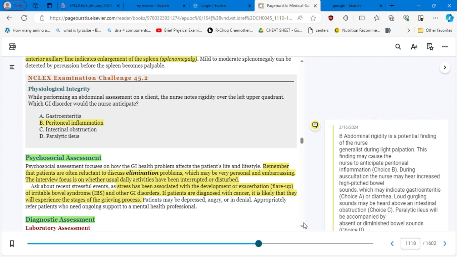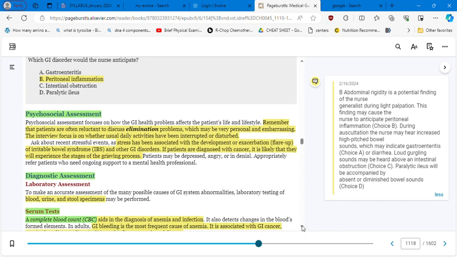So, psychosocial assessment. We have to remember that patients are often reluctant to discuss elimination problems, which may be very personal and embarrassing. The interview focus is on whether usual daily activities have been interrupted or disturbed.